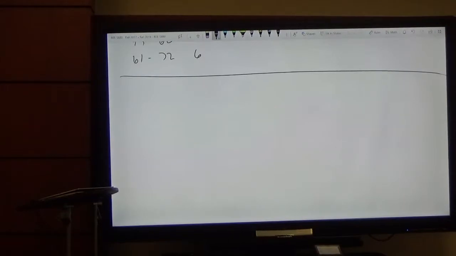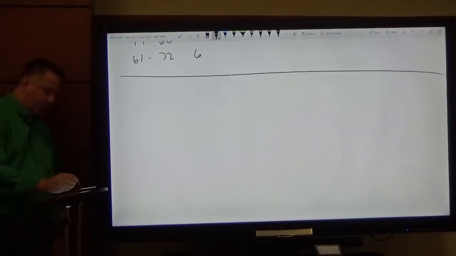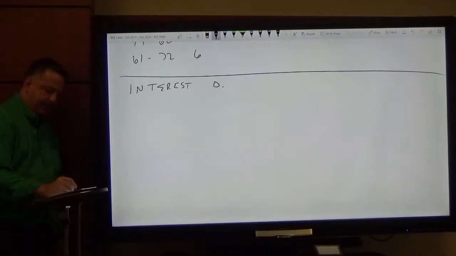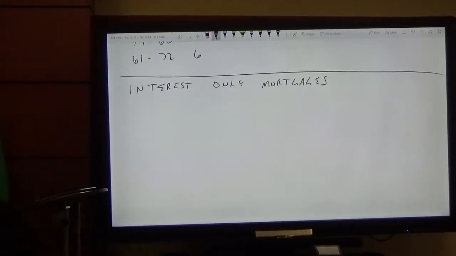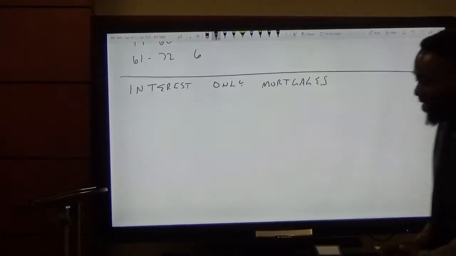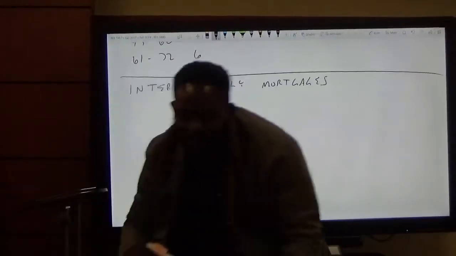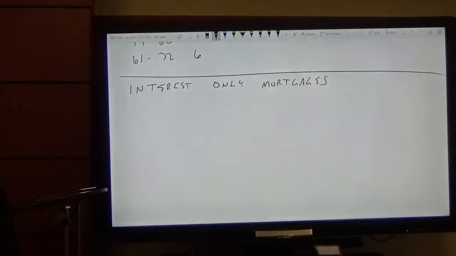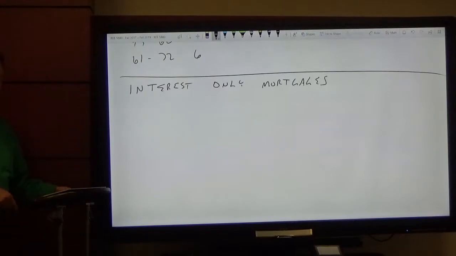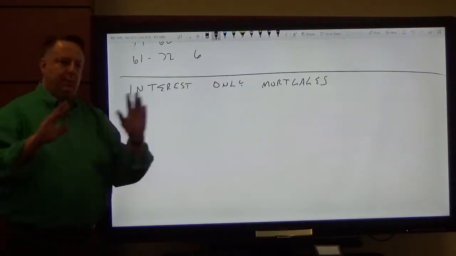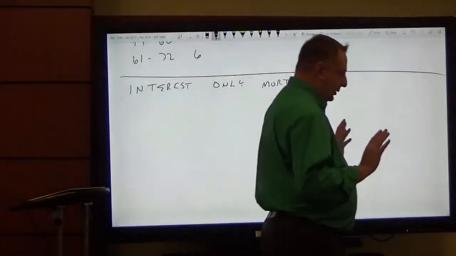Let's talk about interest-only mortgages for a second. Interest-only mortgages are pretty much the easiest, simplest, most basic of all mortgages.